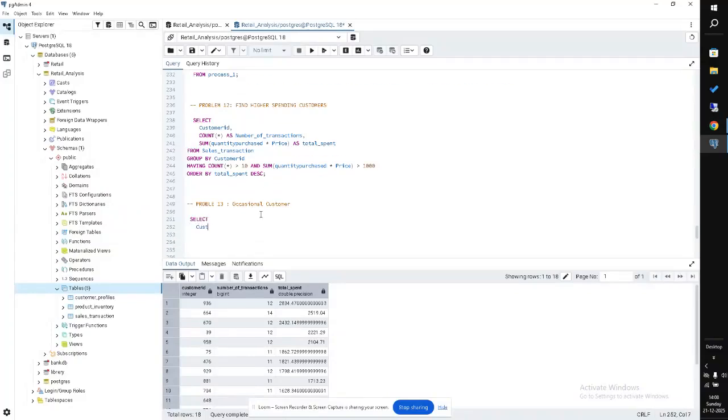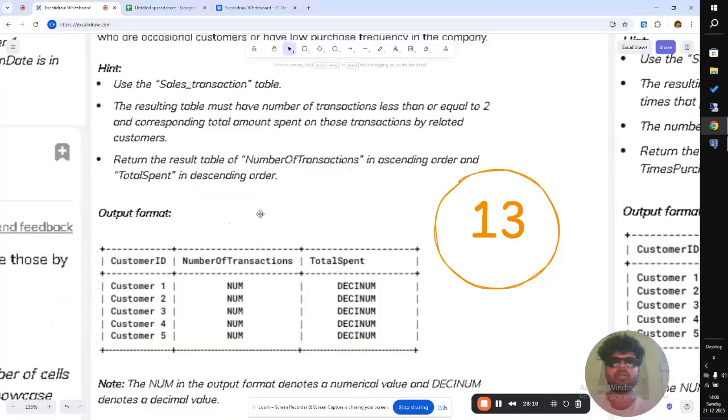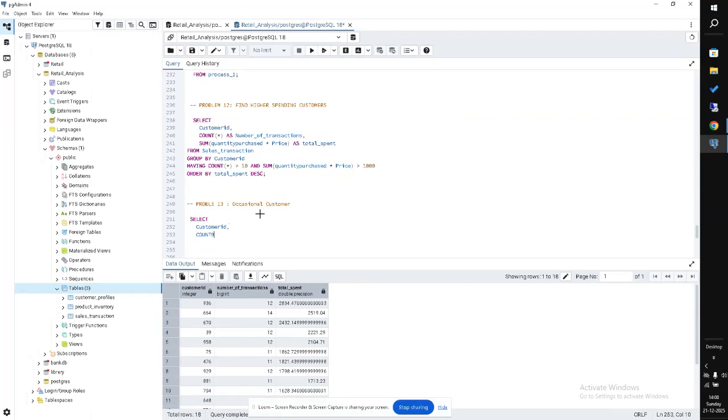Select customer ID, number of transactions, count star as number of transactions, and then we will put sum of total spend, quantity purchased into price as total spent.